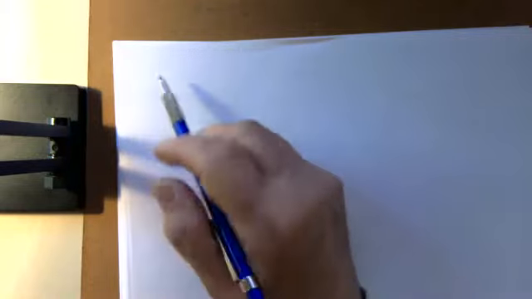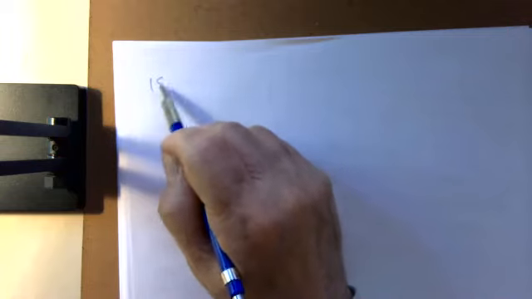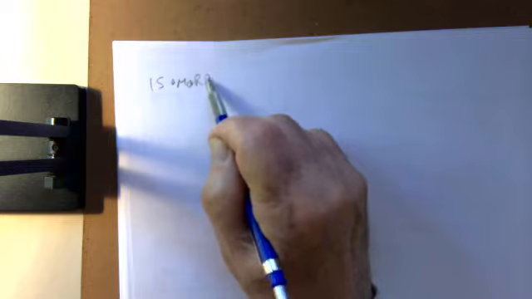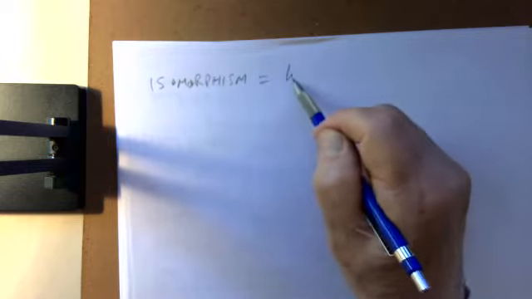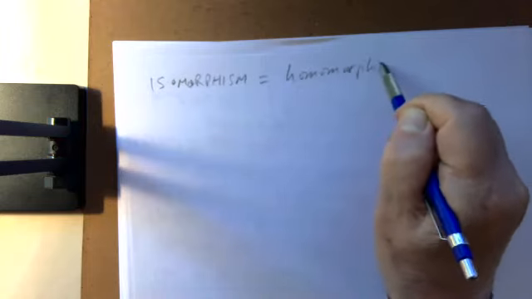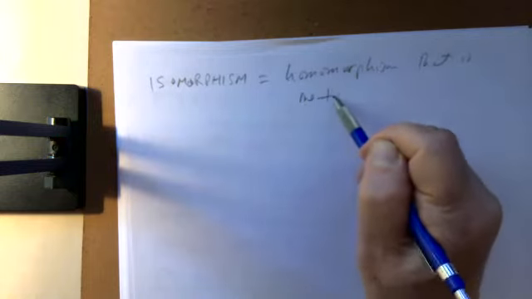So the special kind of homomorphisms that are one-to-one and onto are called isomorphisms. So that's a homomorphism that is one-to-one and onto.